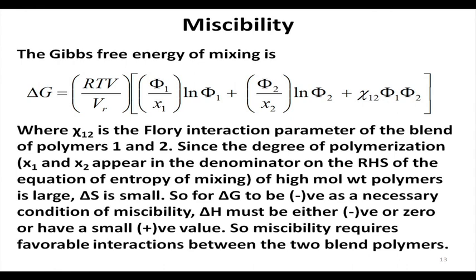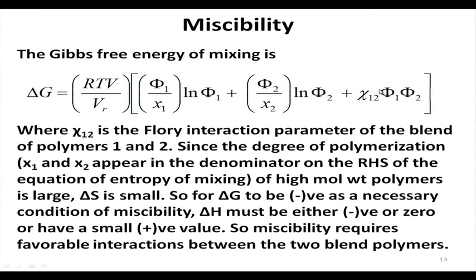in the blend. Interaction can be of different nature, or a sum of different types of interactions between the two component polymers. That can be through some chemical reaction of the functional groups of the two different polymers, or there can be hydrogen bonding, there can be entanglement between the segments of the two polymer chains, or there can be van der Waals interactions or secondary interactions arising out of the London dispersion force.